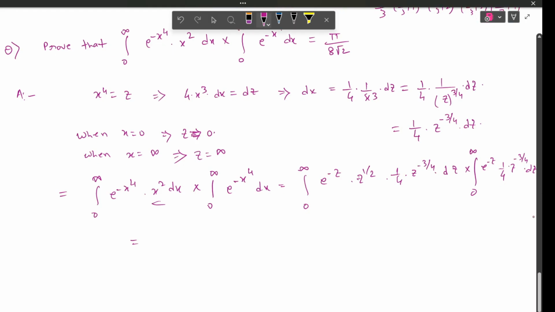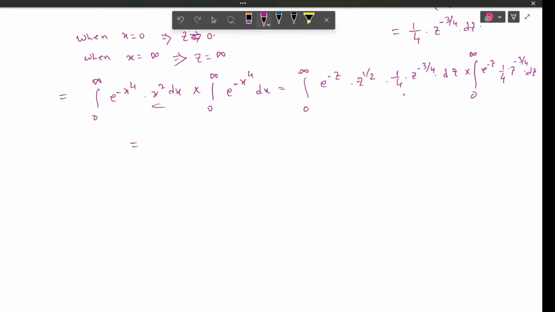Now this should be 1 by 4 multiplied by 1 by 4, that is 1 by 16, integration 0 to infinity e to the power minus z, z to the power minus 3 by 4, z to the power half. So z to the power minus 3 by 4 plus half, it should be z to the power minus 1 by 4 into dz, multiplied with integration 0 to infinity e to the power minus z, z to the power minus 3 by 4 dz, right?